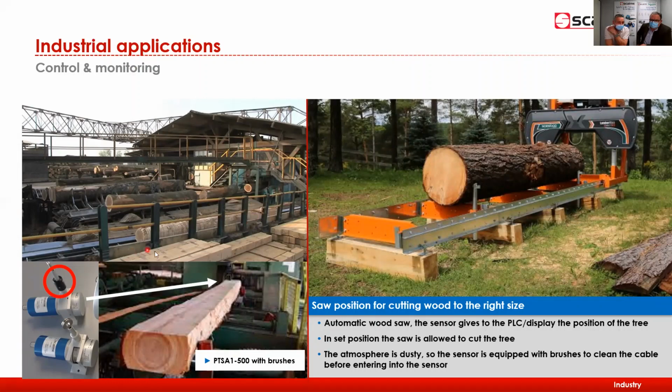To prevent the problem with the dust, you can see on this unit, just here, there are some brushes, and the brushes clean the cable when you go inside the sensor, to prevent the dust from going inside the sensor and causing errors, or even more than errors. You can break the cable. If you have some dust glued on the cable inside, then the machine will carry on pulling and break the cable. Exactly. Clear. Okay, well, that's a good solution.